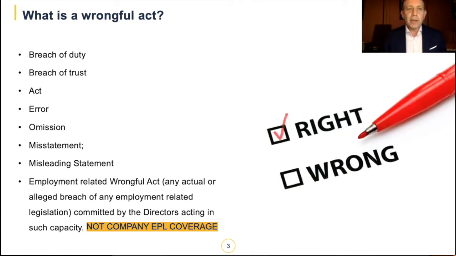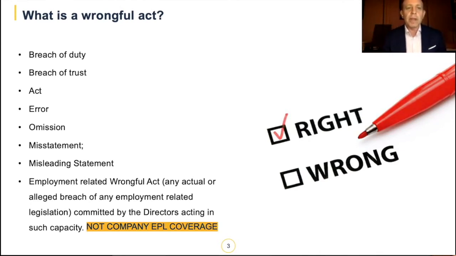So where the director has a duty to the company, so they're employed by the business, maybe not as employees, they might be executive or non-executive directors, but they are there to fulfill certain duties that have been thrust upon them by the Companies Act. And I'm going to tell you what those duties are in a moment.